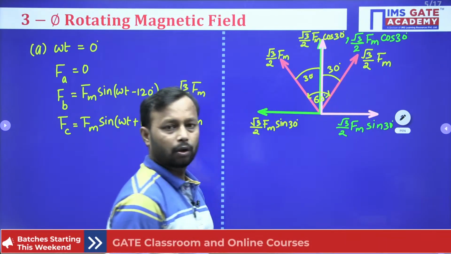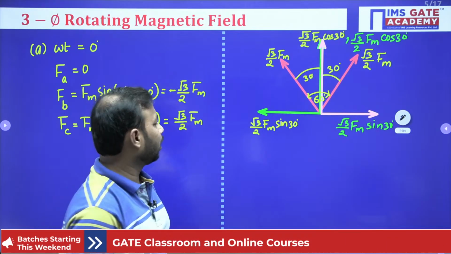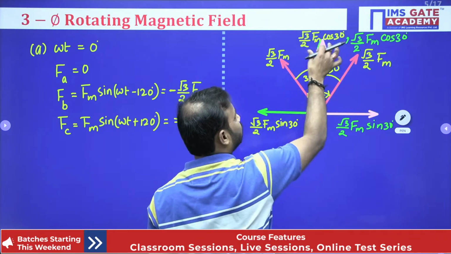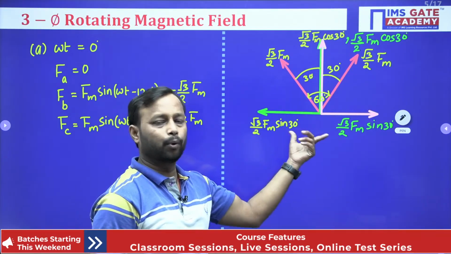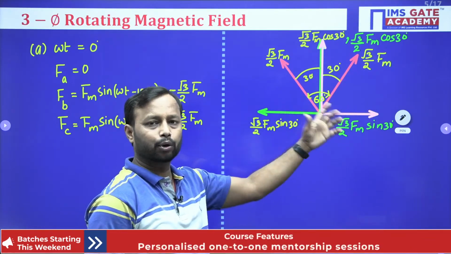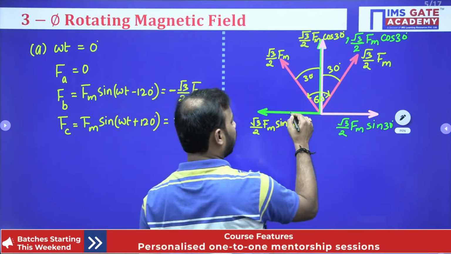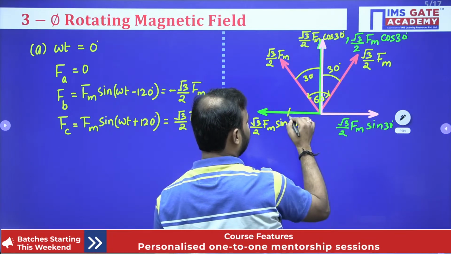So the resultant that we are going to have is only this component, because the magnitudes are equal and both are opposite. So the component in the resultant will be cancelled out.